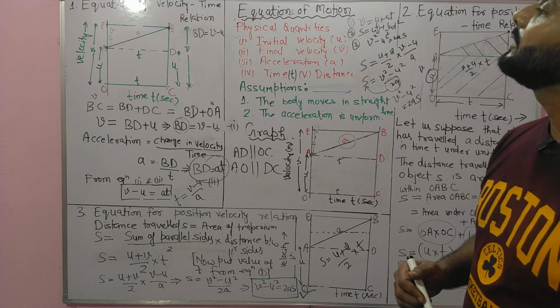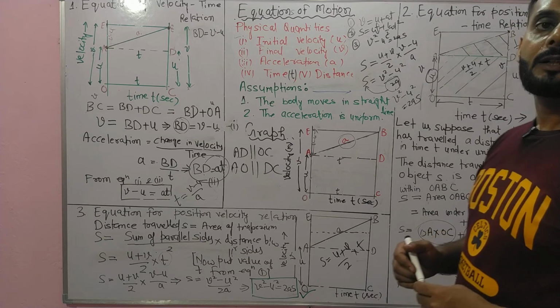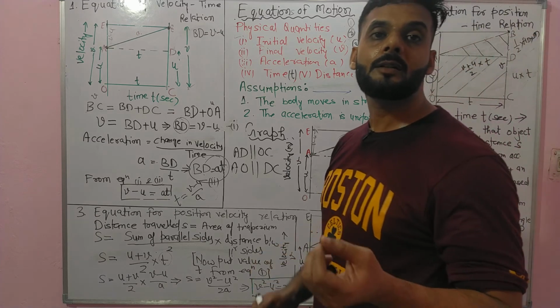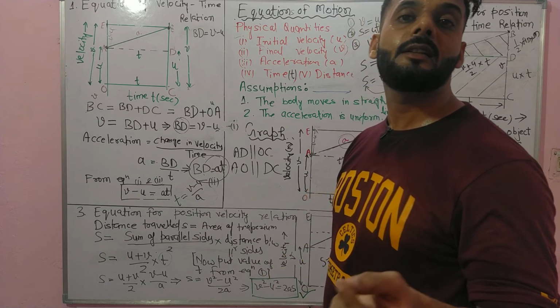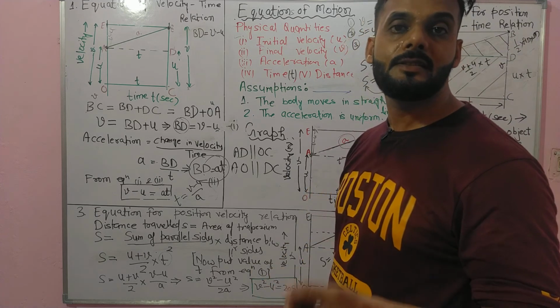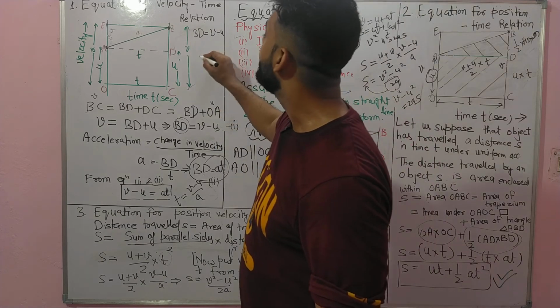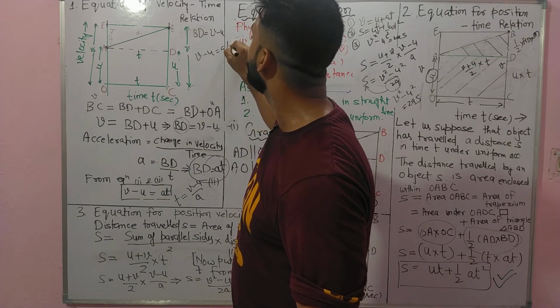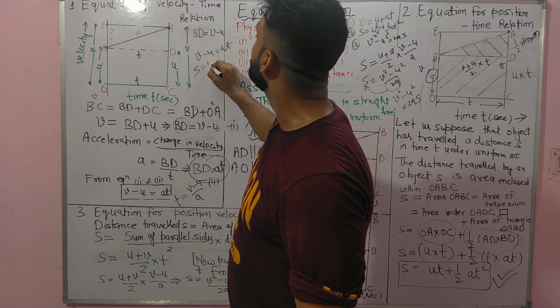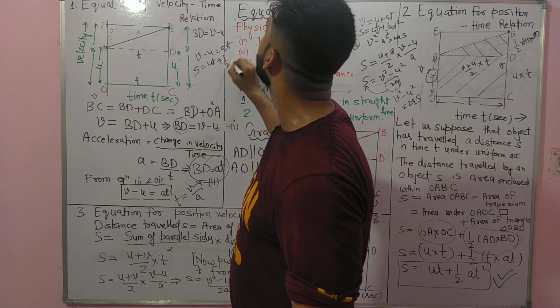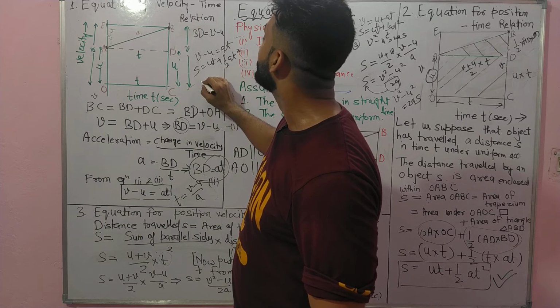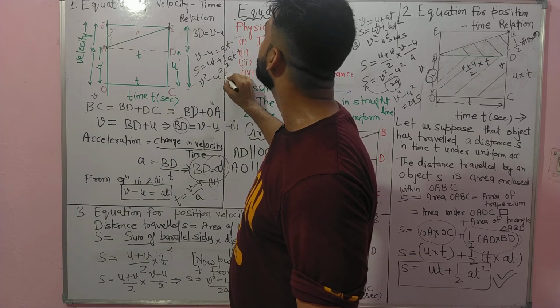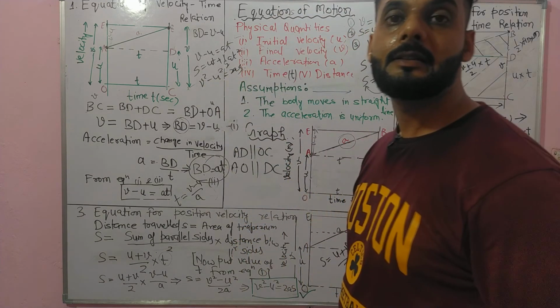Now, in many of the numerical problems it is given that the initial velocity of the particle is 0. Okay, so we will have all three equations: V minus U is equal to AT, S is equal to UT plus half AT square, and V square minus U square is equal to 2AS.